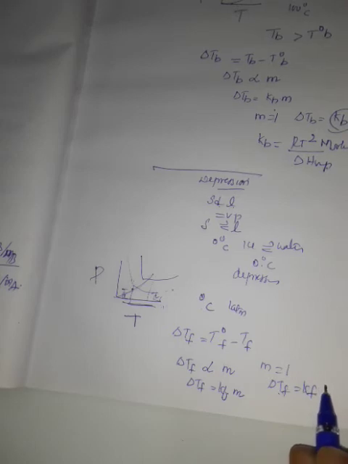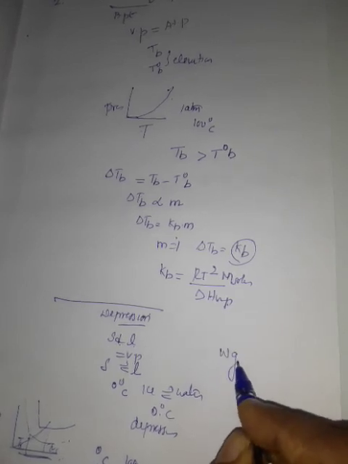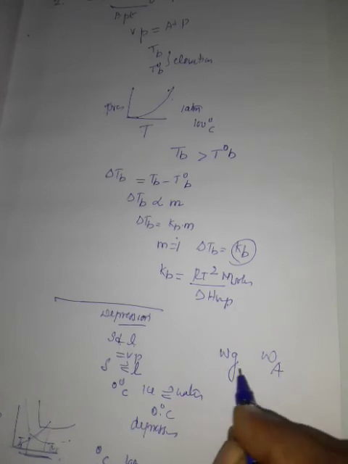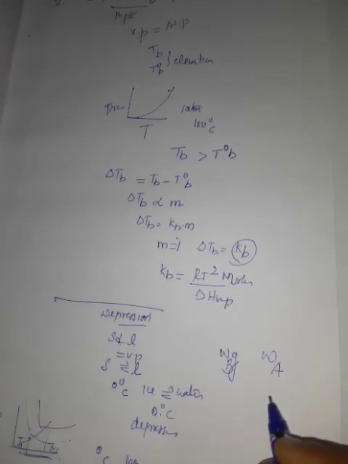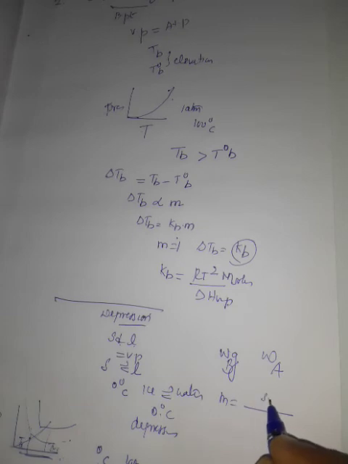So, if the solution is prepared by dissolving WB gram of solute in WA gram of solvent, then the molality m is equal to number of moles of solute into 1000 by weight of solvent in grams.